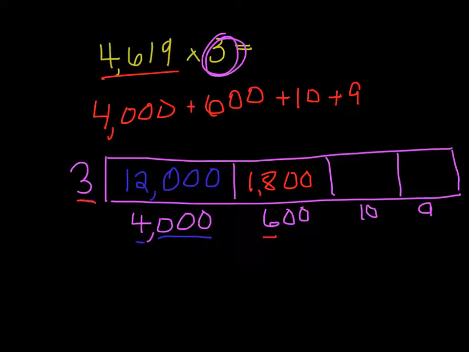I've got 1,800 for 3 times 600. Then 3 times 10 is 30. And finally 3 times 9 is 27. Now I have my partial products. I'm going to add them together to get my final product.